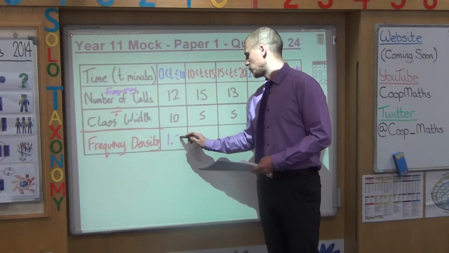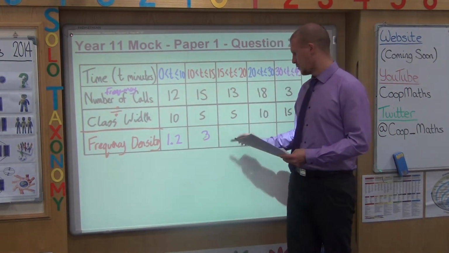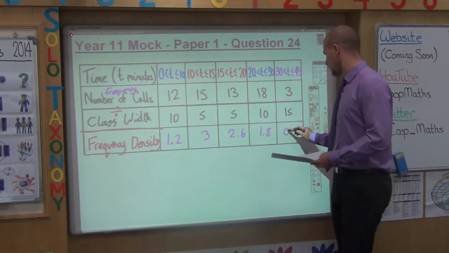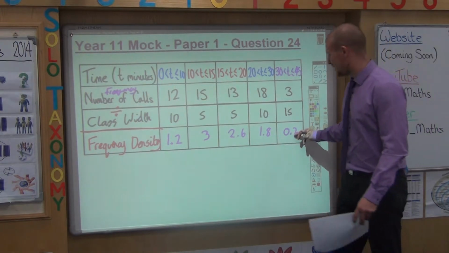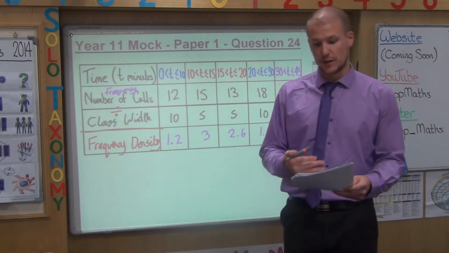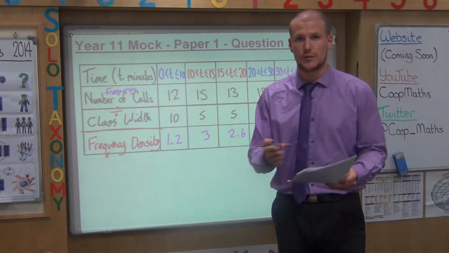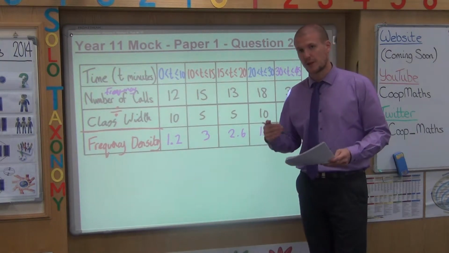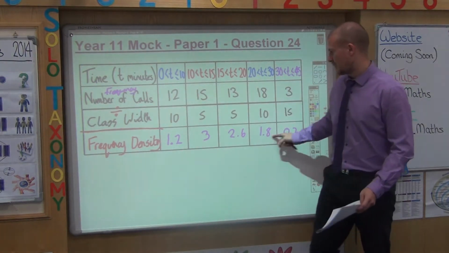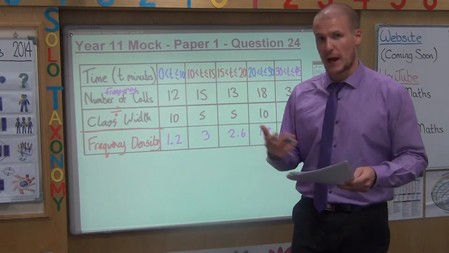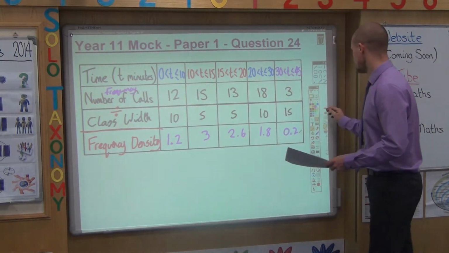So I end up with 1.2, 3, 2.6, 1.8, and 0.2. These are going to be the heights of your bars. So all you need to do now is draw a bar graph the way you usually would in terms of the widths. You're okay to have these unequal width bars because the heights don't represent the frequency, the heights represent this. The area of each bar tells you about how many there actually were.